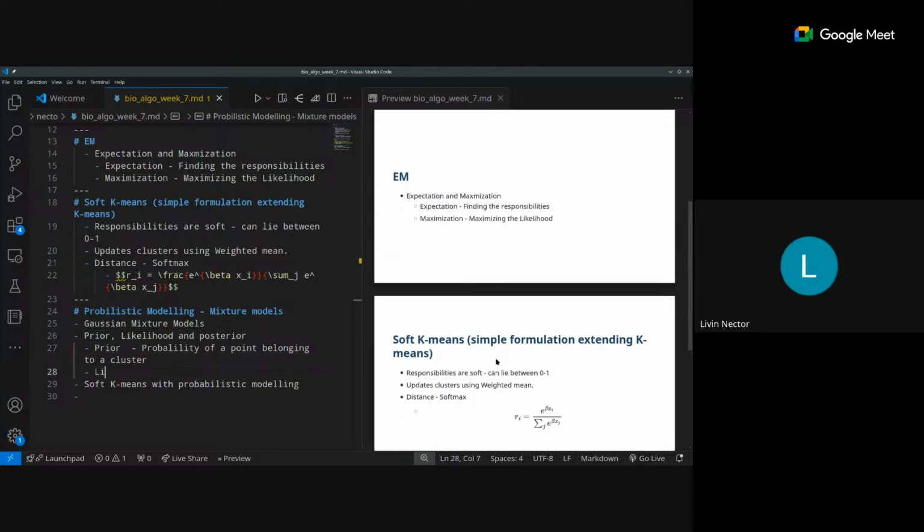Then the likelihood: if it belongs to the cluster, what is the probability or likelihood of a particular data point?